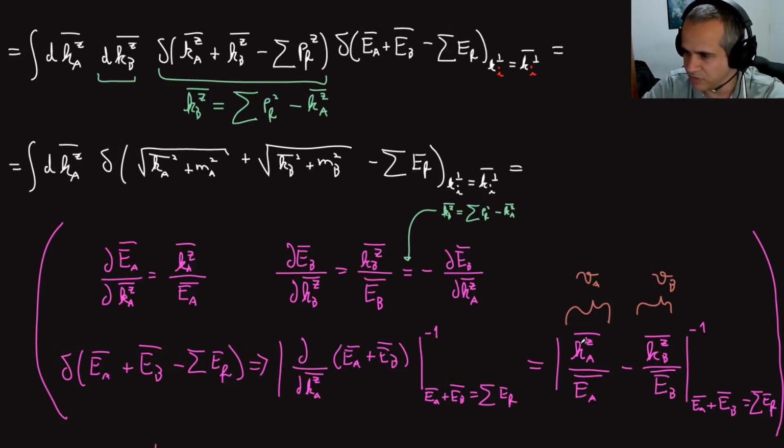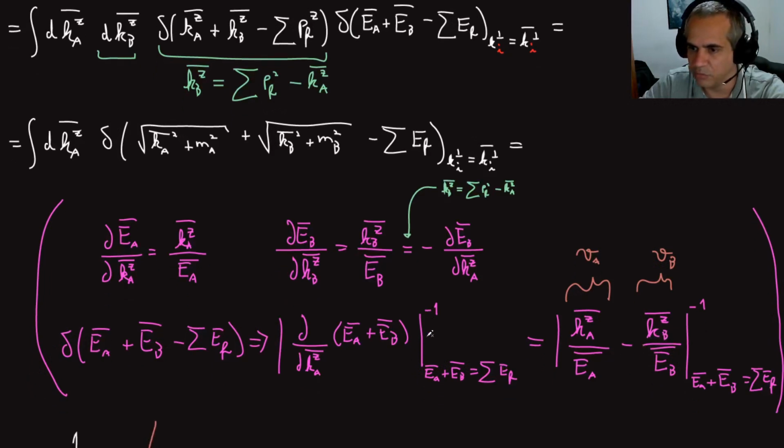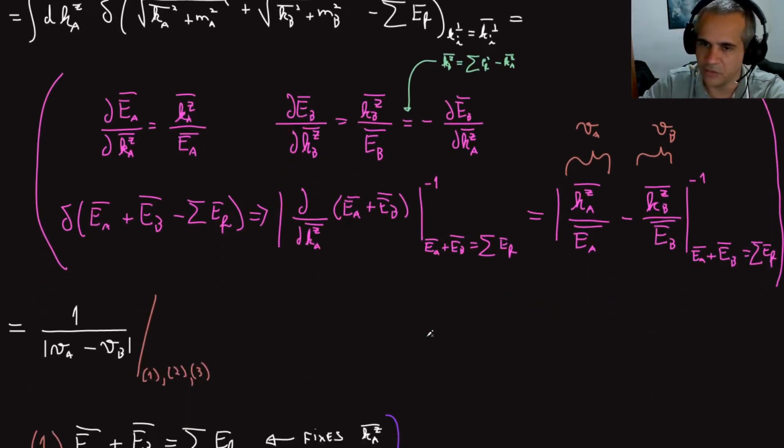And of course, this KAZ bar over EA bar is just the velocity of the A particle in the reference frame I'm doing this calculation, and VB is the velocity of particle B. And so what appears here is this relative velocity. Remembering that I have to keep this relation true, right? And so this is the answer of that integral.